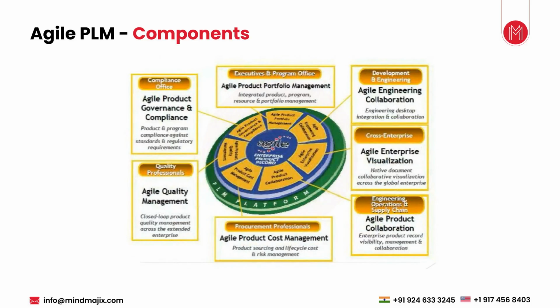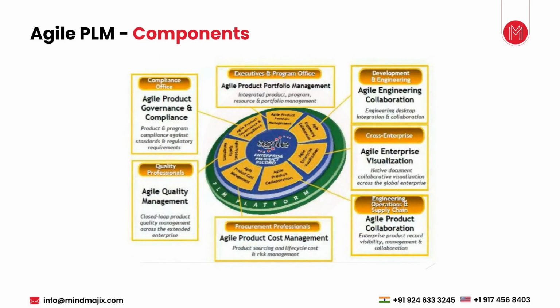All the visualizations, for example a CAD diagram that we want to view, come under Agile visual enterprise. And the cost information we manage under Agile product cost management. So in all there are seven modules we have under Agile PLM.